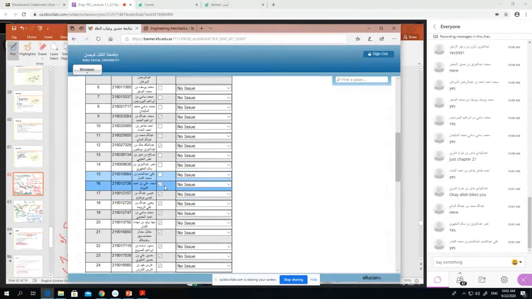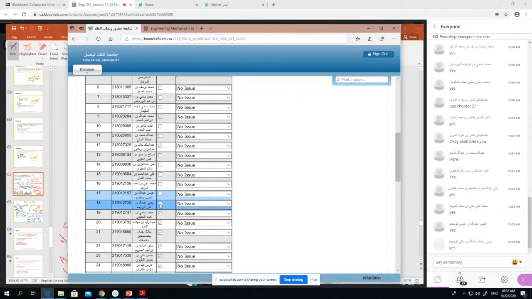Muhammad Ali Ahmad. Isa Abdullah. Yahya Abdullah. Muhammad Sami.